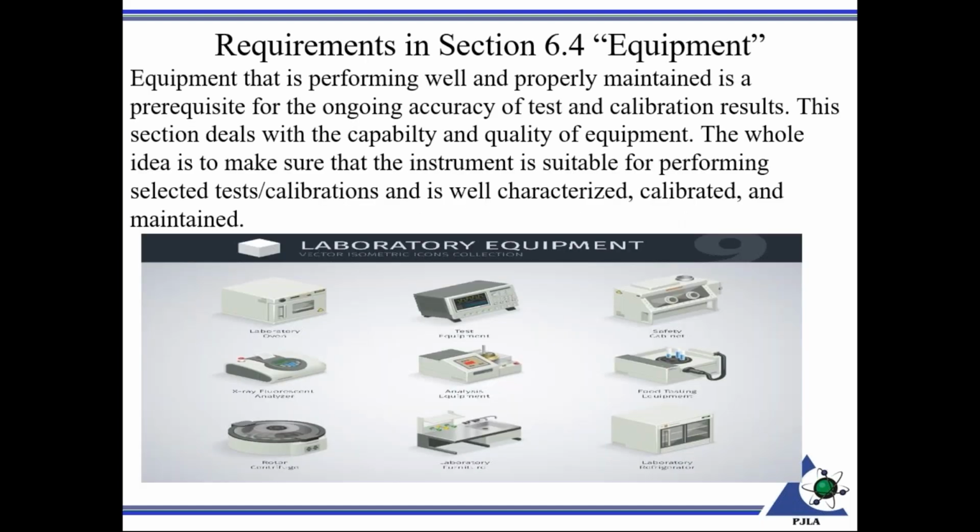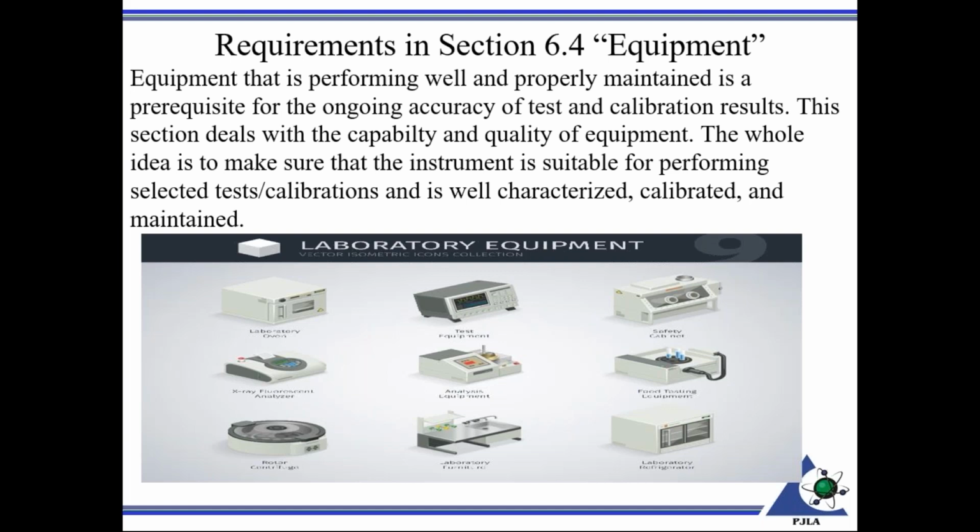So regardless of what is required within 17025, if you are a calibration, testing, or sampling organization, you want to, of course, assure that your equipment is properly maintained, which is a prerequisite for ongoing accuracy of your testing and calibration results.